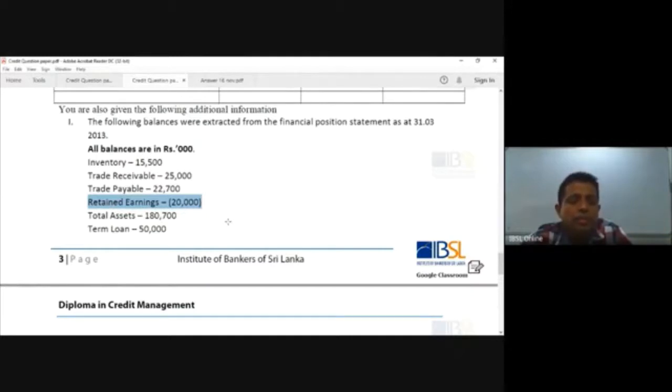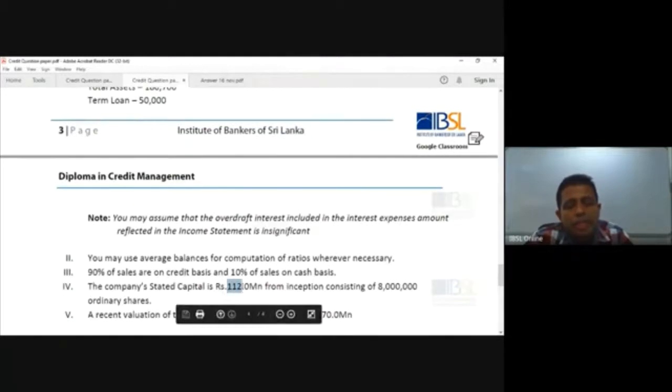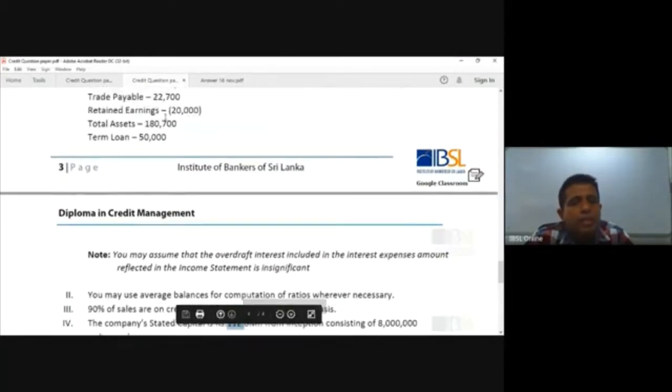They have given the figures in thousands. If you take 20,000 in thousands, that means 20 million. The reserves or the retained earnings, 20 million loss. Therefore, you have 112 million here and a 20 million loss. So the equity part will be 112 minus 20 million.